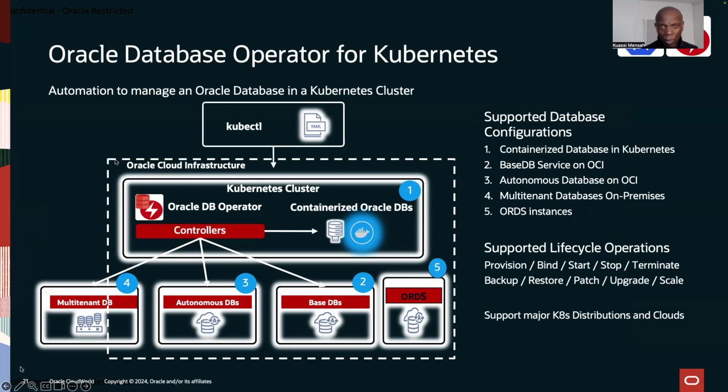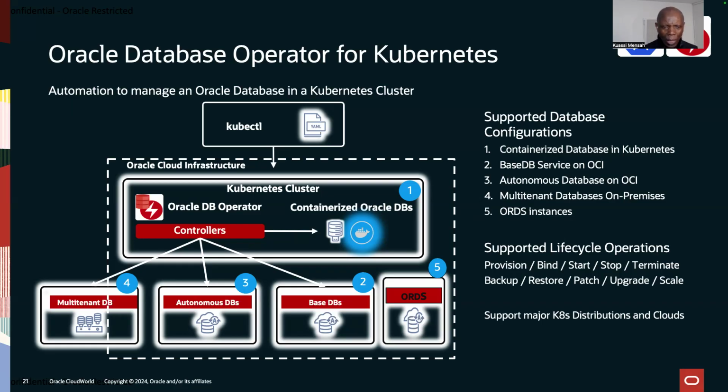It could also be deployed on non-Oracle clouds. For example, it has been tested and validated on Azure, AWS, and Google Container Engine. Okay, so it is supported on Oracle Cloud Infrastructure, but also on other clouds.